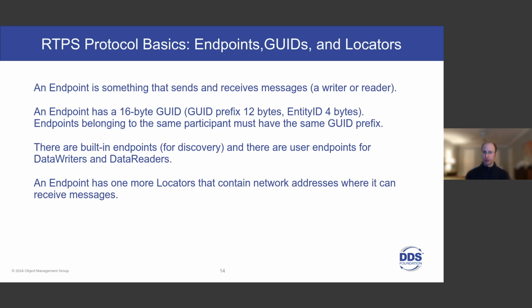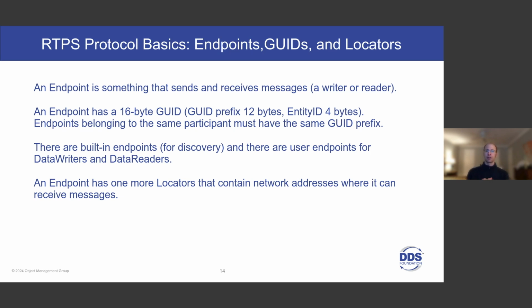So moving on from just the fact that this protocol is implemented in UDP, we need to talk a little bit about some basic structures in RTPS. There's a lot more that could be said about all of these things and a lot more types, which I'm not introducing, but these are some really fundamental ones. The first piece of terminology is an endpoint.